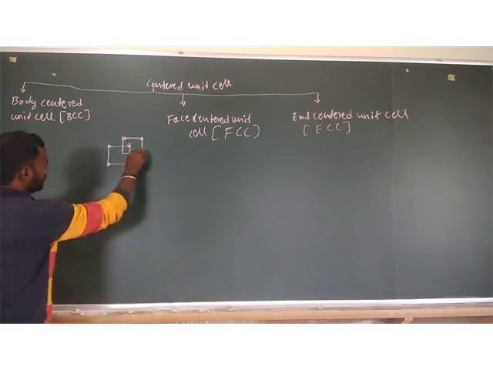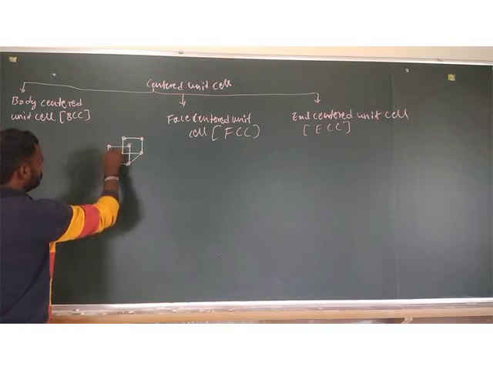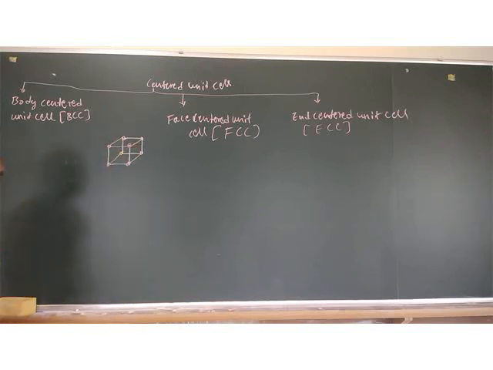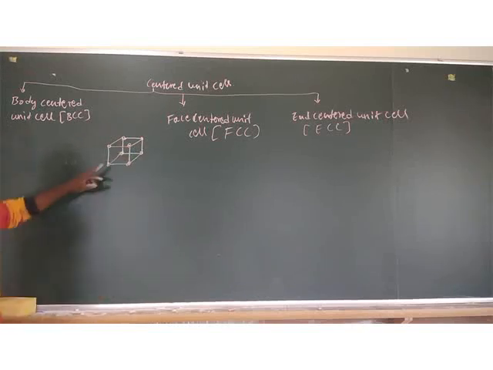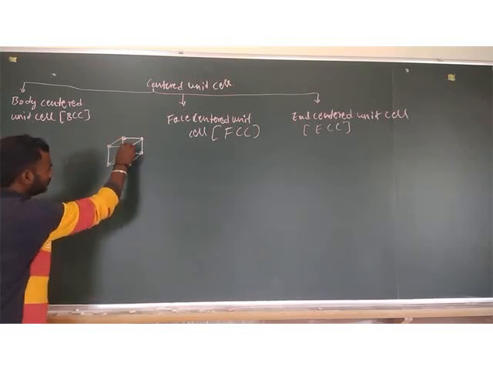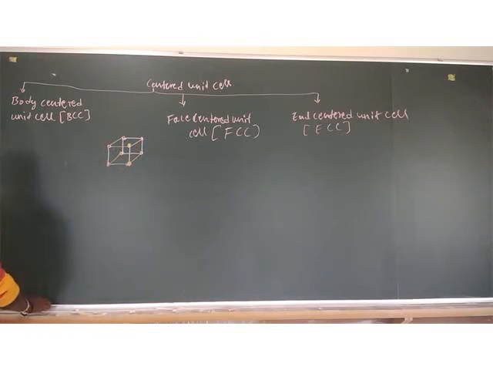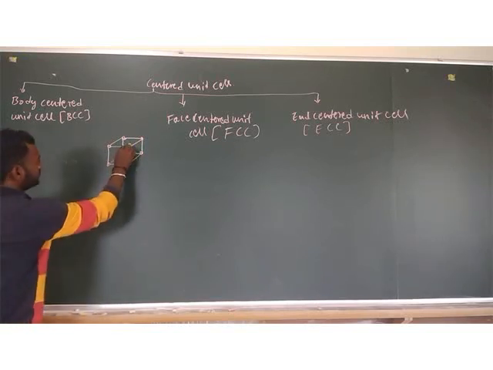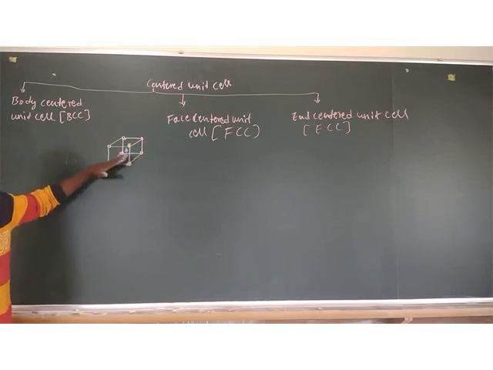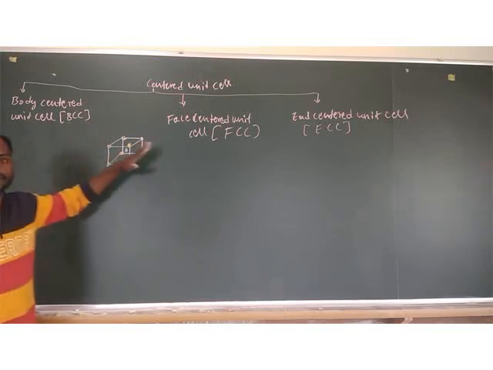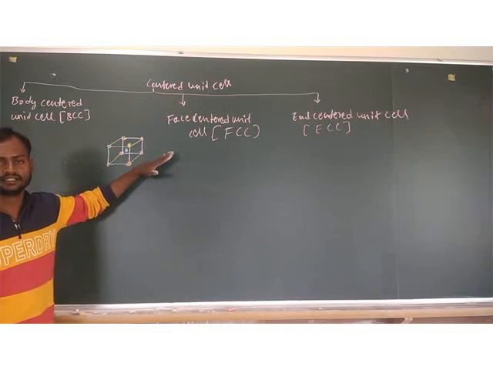These lattice points are joined to form the unit cell. This unit cell contains 8 particles, the constituent particles present at the corners. Along with these corners, there is one particle at the center of the unit cell. This type of unit cell is called a body-centered unit cell.